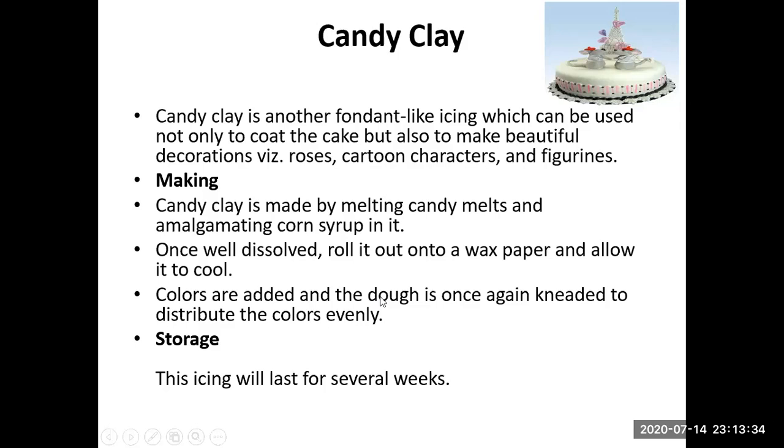By melting candy and adding corn syrup, you can make these kinds of creatures or this kind of fondant or dough-like shapes. And it is tastier than fondant, and it is also softer than fondant. And for storage, you can store it for several weeks.